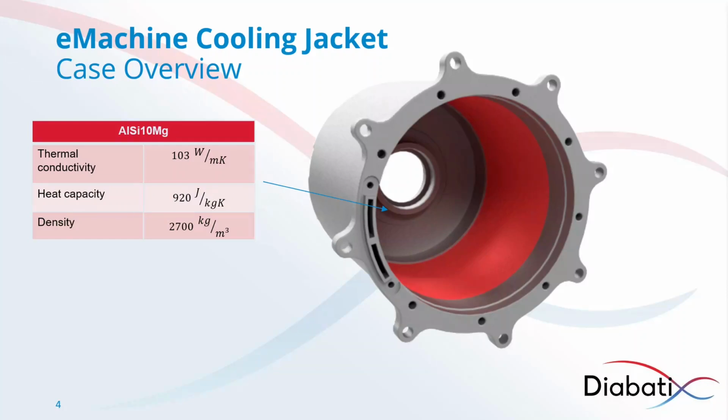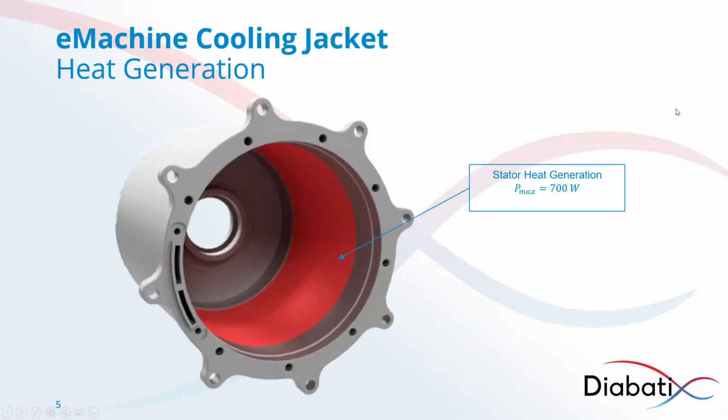In red, you can see a first boundary, namely a wall boundary. As I said before, the motor itself is not simulated, but it's simplified as a heated wall. And to that heated wall, we apply a heating power of 700 watts.